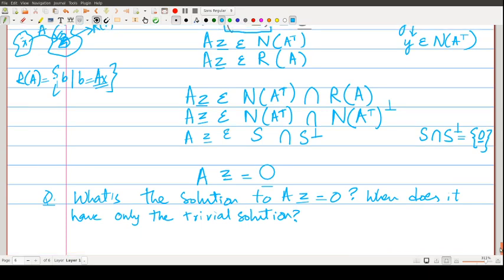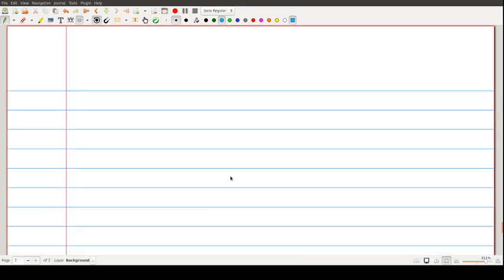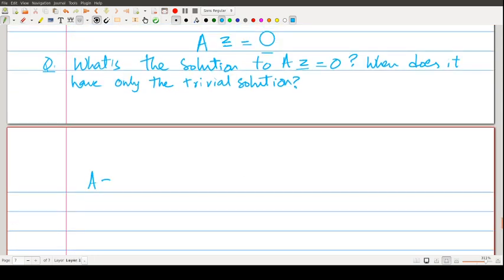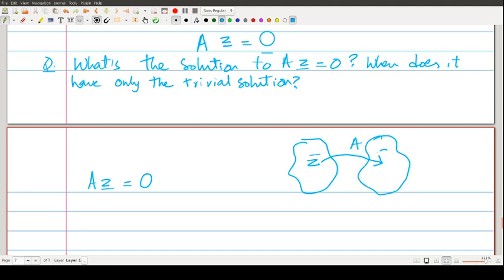So I want Az equals 0. This is just saying that I have a vector z that I am multiplying by A, taking it to its column space, and I want to map it not onto any other vector but just onto 0.